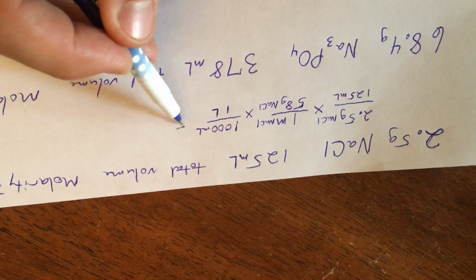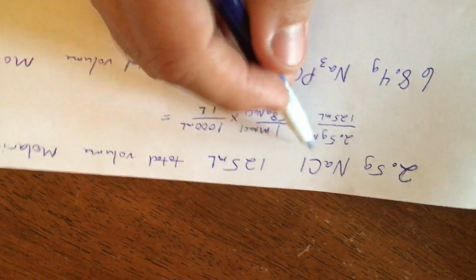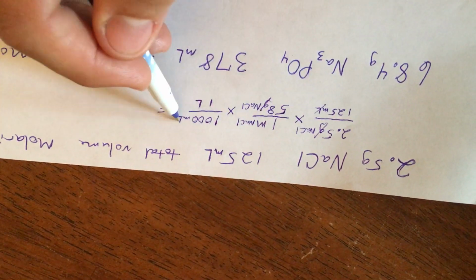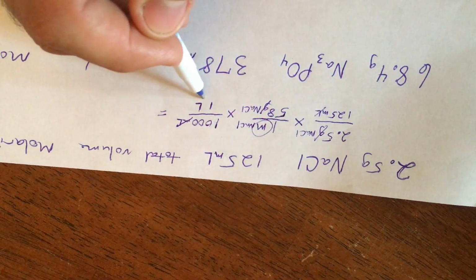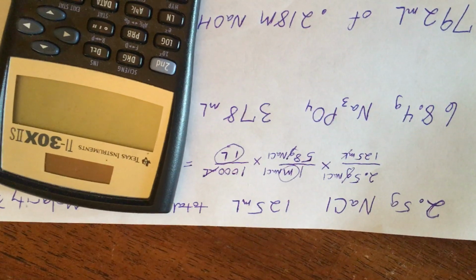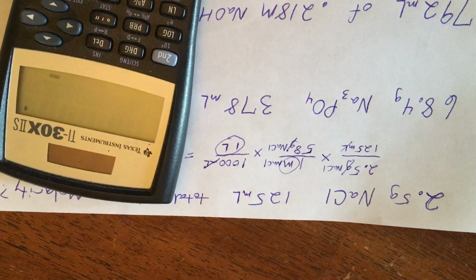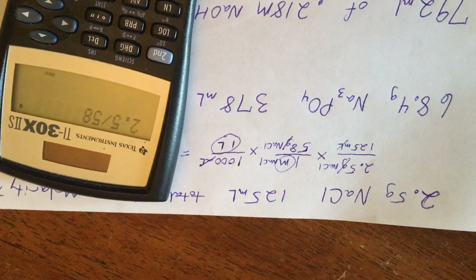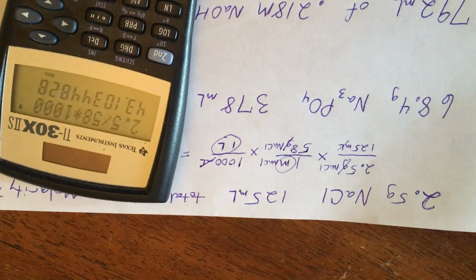If I multiply that out, I should be able to get my moles per total volume in liters. Let's take a look at that. So we have 2.5 divided by 58 times 1,000.